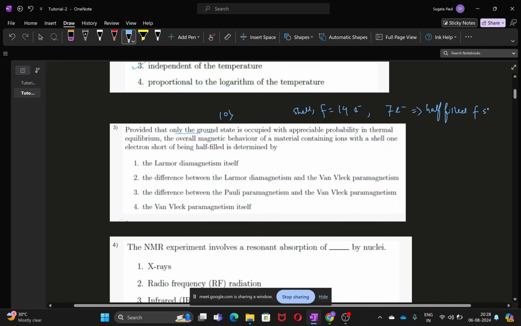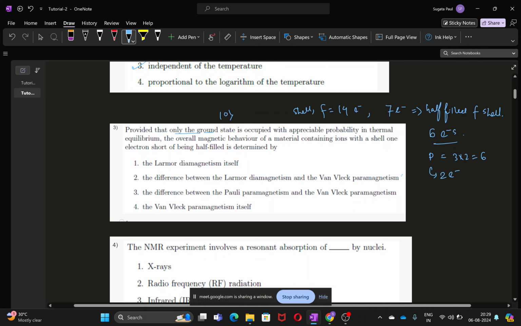And in the question it is being asked that your electronic configuration is 1 short of half filled. That means if it is the F shell, then it has not 7 electrons but 1 fewer, so 6 electrons. Similarly, the P shell's maximum capacity is 3 into 2, which is 6. Being half filled means it has 3 electrons, and 1 short of being half filled means it has 2 electrons according to this question.